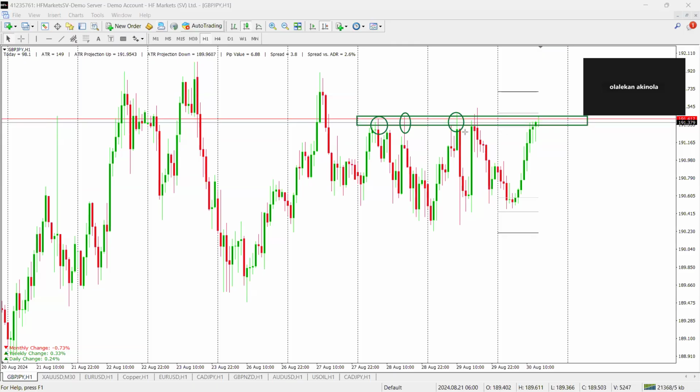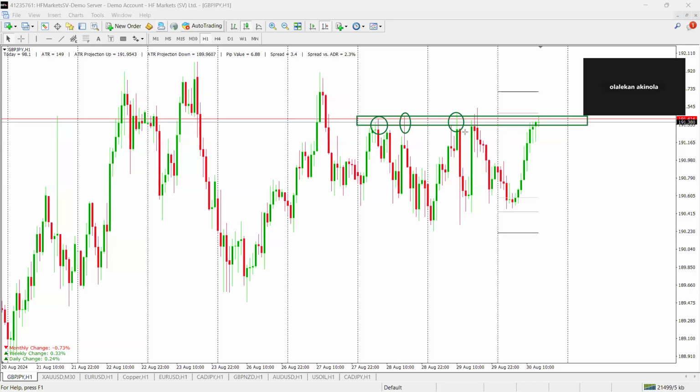Psychologically, I begin to register that level as, okay, this could be a really strong level for sales. It looks like sellers are always camping around this territory. Because 3 times, it looks like this is a level where sellers really try to defend, a level where sellers really try to step into the market.